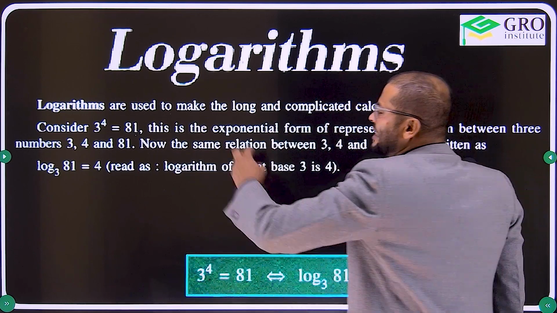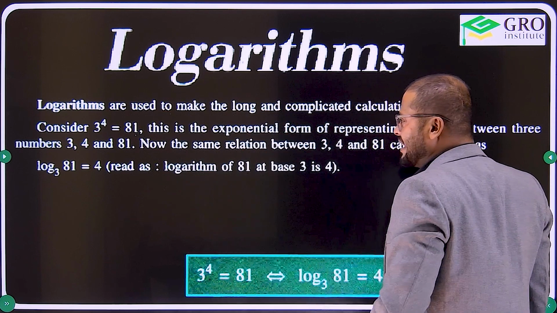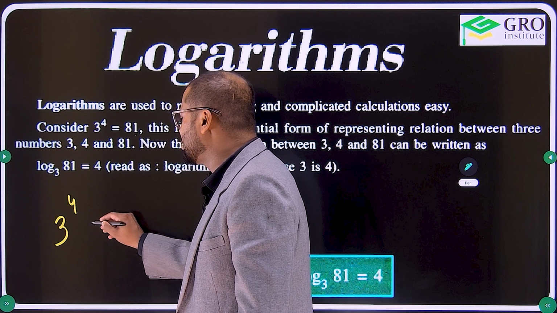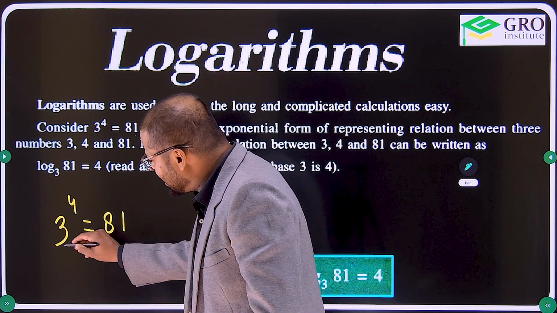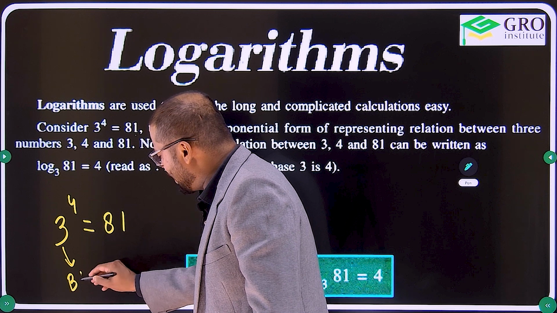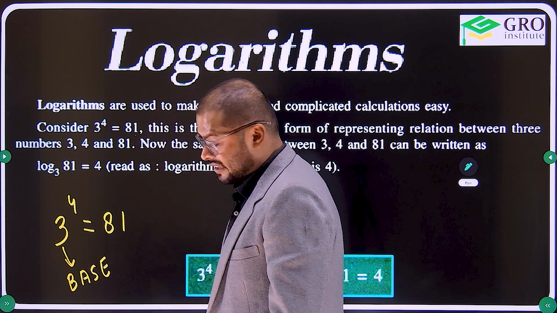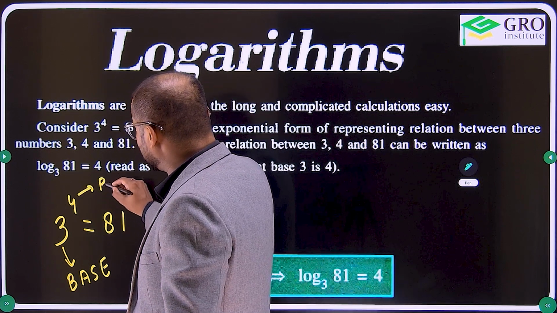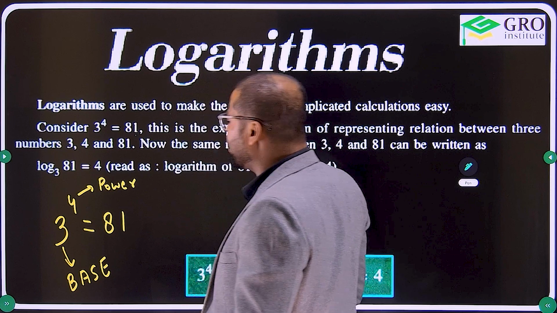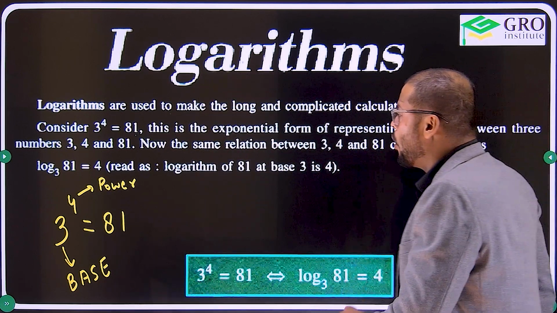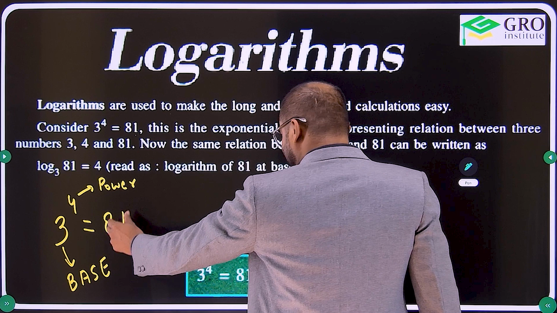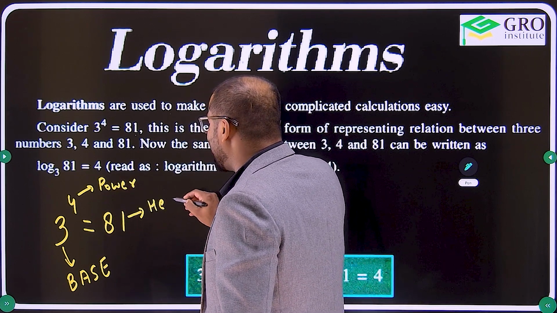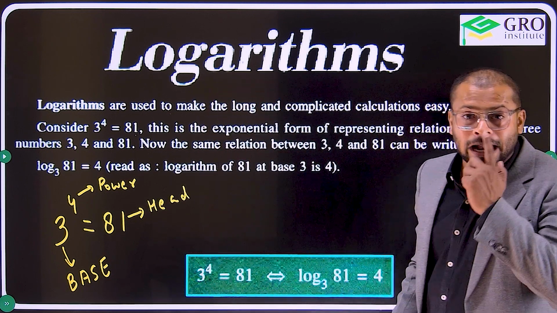So suppose 3 to the power 4 is equal to 81 is written. Then this is basically the base, and this is the power. And what is this 81? 81, which is the answer right now, is known as the head.